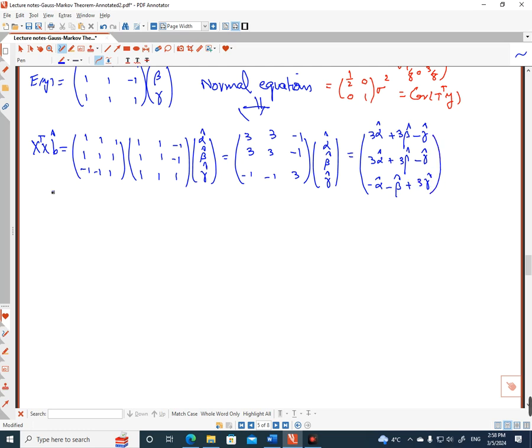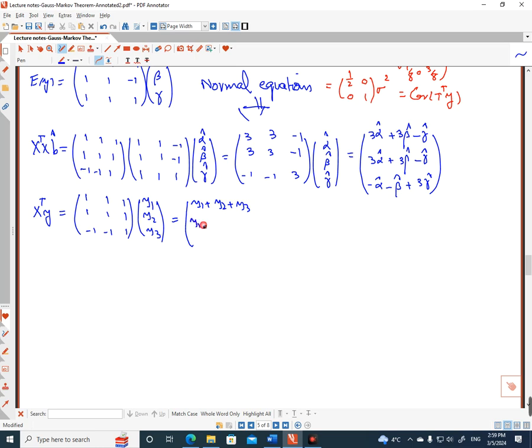On the other hand, once again, the right hand side of the normal equations is equal to x prime y, which is then 1 1 1 minus 1 times y1, y2, and y3, which I can write as y1 plus y2 plus y3.